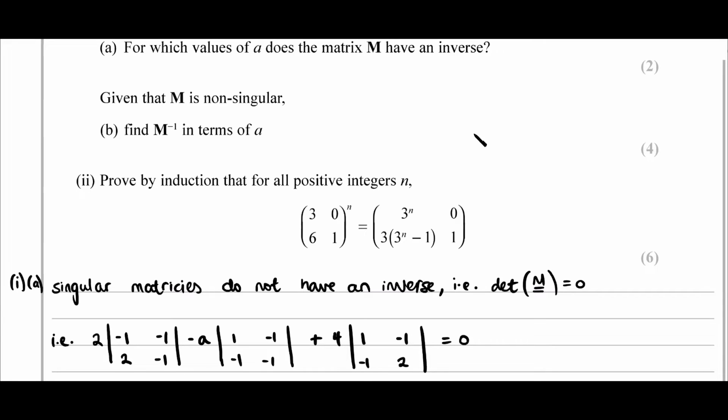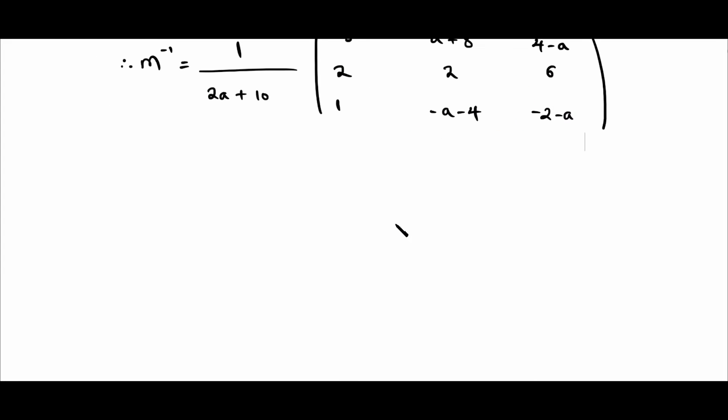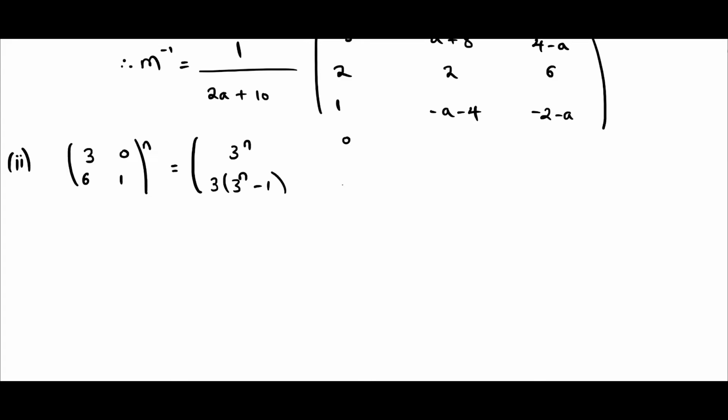Let's just write out the next part of the question. We have our matrix 3, 0, 6, 1 to the power of n, and we want to show that this is the same as 3 to the power of n, 3 times by 3 to the power of n minus 1, 0, 1.